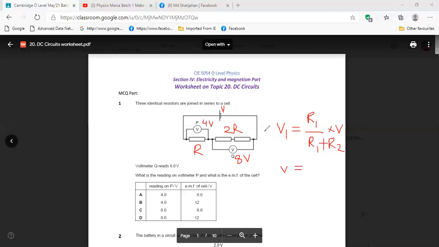It's 2R, right? So it should be divided by 2R. Yeah, 3R by 2R, because your R1 is here 2R, right?